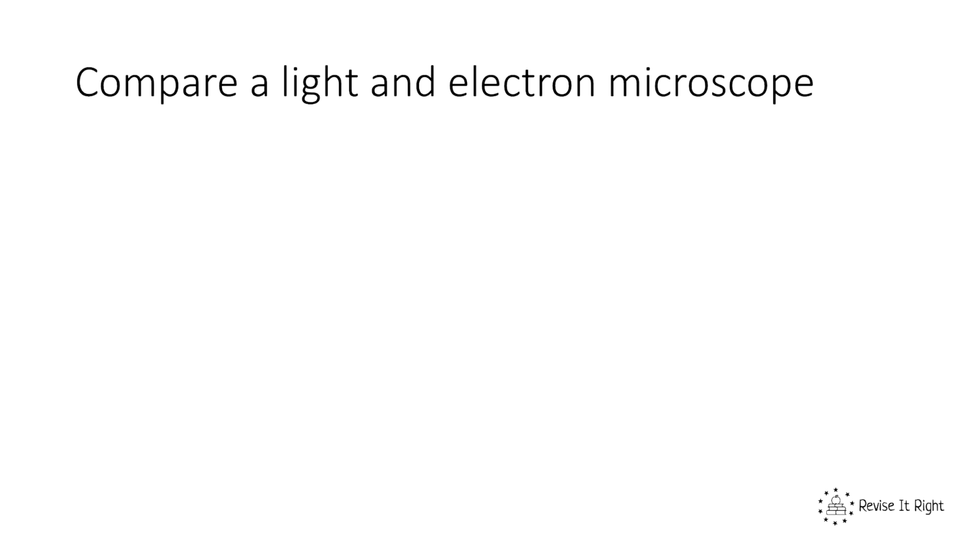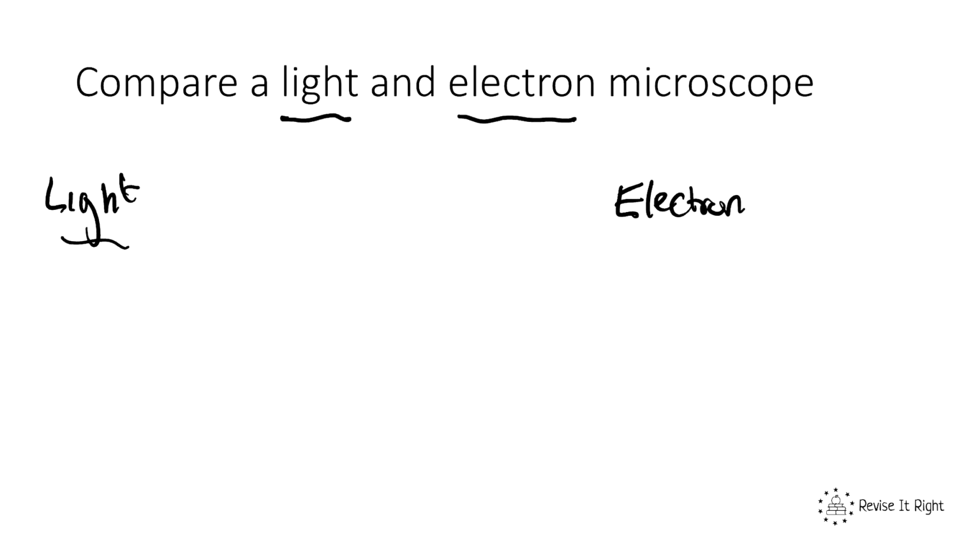Now, there are two types of microscopes that we need to be able to compare, and that is a light microscope and an electron microscope. A light microscope obviously uses light to magnify an image, and an electron microscope obviously uses electrons to magnify an image.